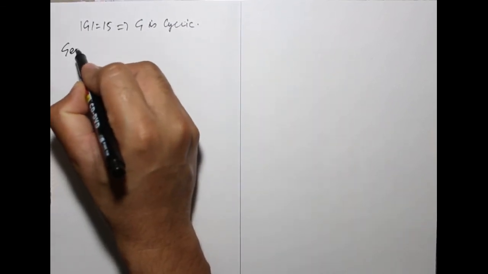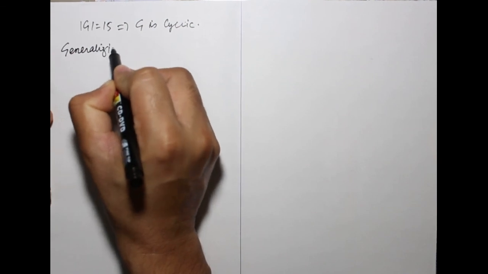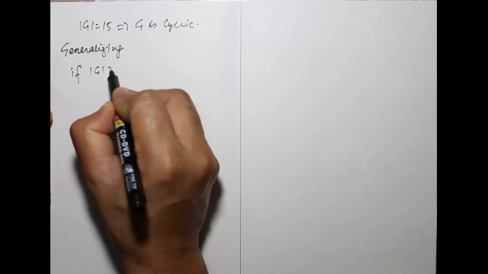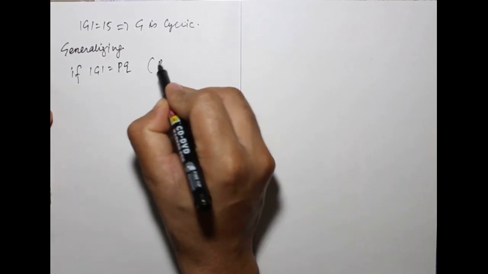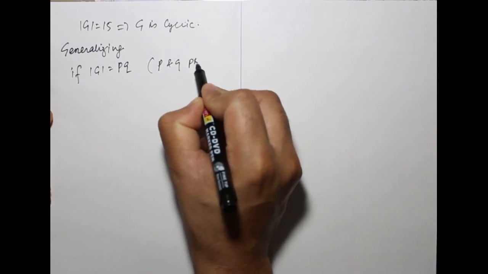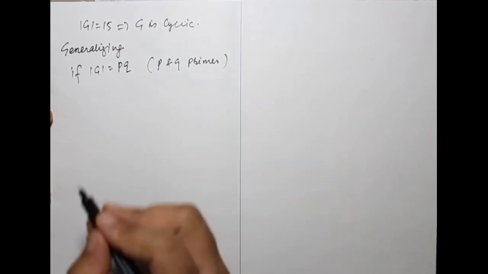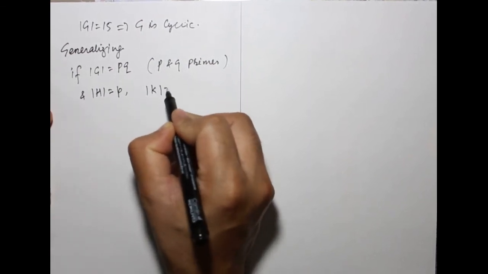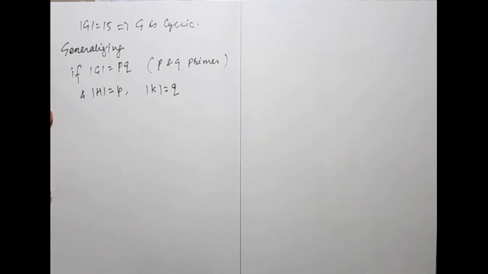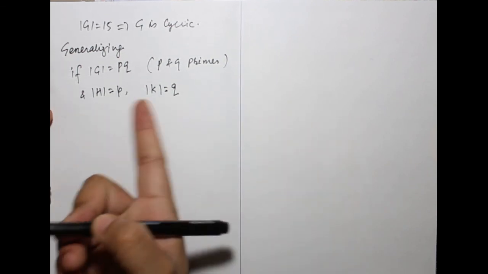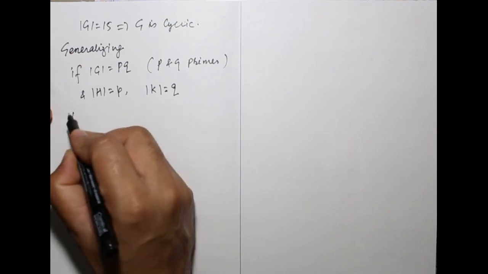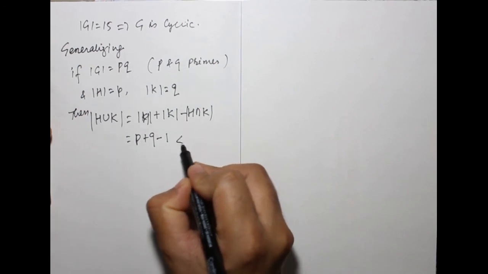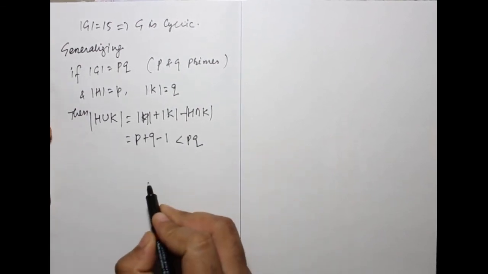Now generalizing this concept, if the order of G equals pq, where p and q are prime, and the order of H equals p and the order of K equals q, say these are two subgroups of G, then the cardinality of H union K is always less than pq.